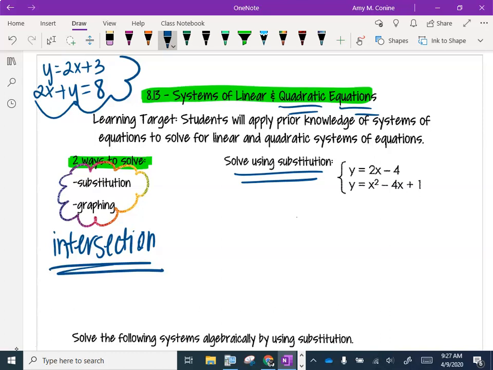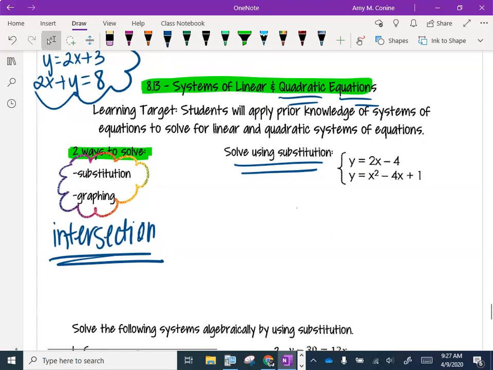So if you remember from before, if you had an equation where y or some letter was by itself, you could just plug in the other one. So here we have a linear and a quadratic, both of them are y equals, so we're going to take what y equals in the linear and plug it into the y equals for the quadratic.